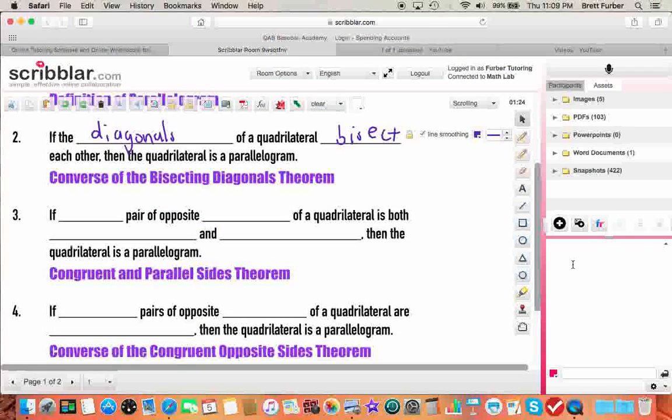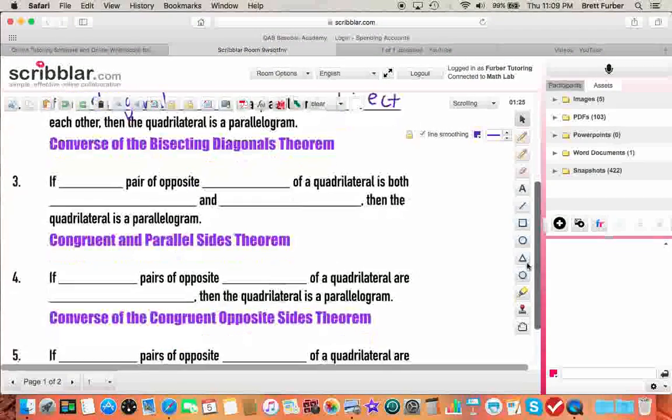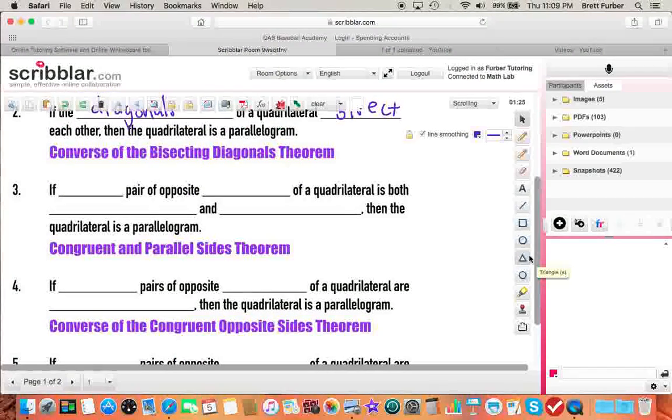Okay, so the next one involves something a little bit different. This one's its own theorem by itself. It's not the converse of anything else. And that is called the congruent and parallel sides theorem. This one's a little unusual, a little different from the others because we didn't have any theorem like this before.